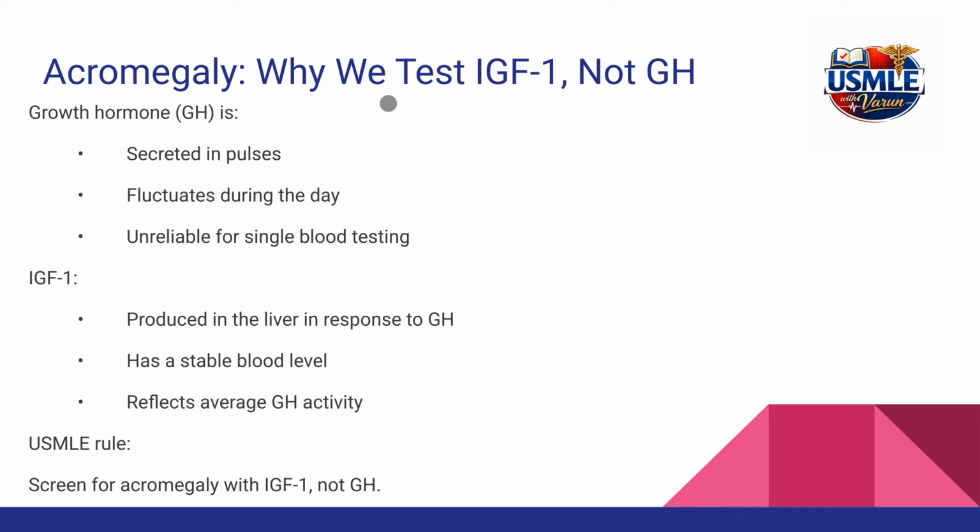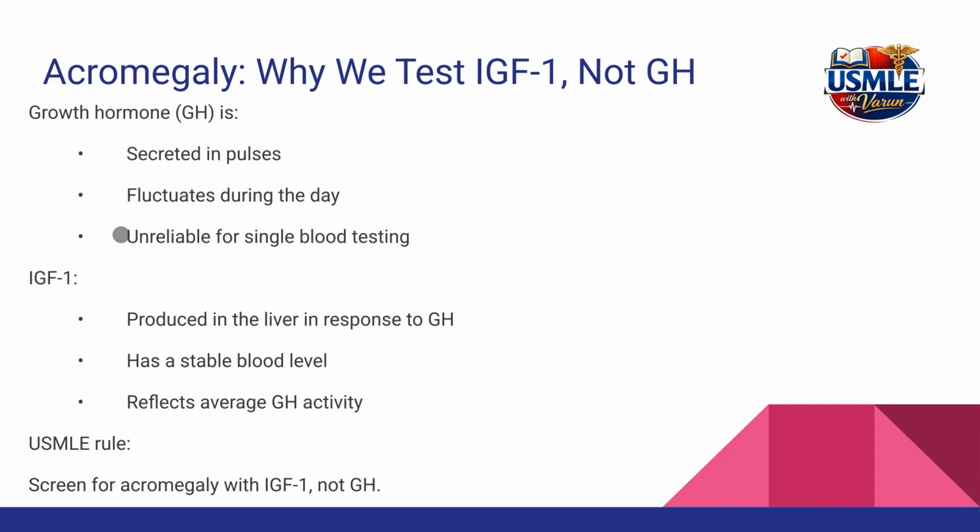In acromegaly, we test IGF-1, insulin-like growth factor 1, not growth hormone itself, because growth hormone is secreted in pulses. So a single growth hormone level is unreliable. When it is secreted in pulses, it may be more or less than the basal rate at the time of testing, and it fluctuates throughout the day.